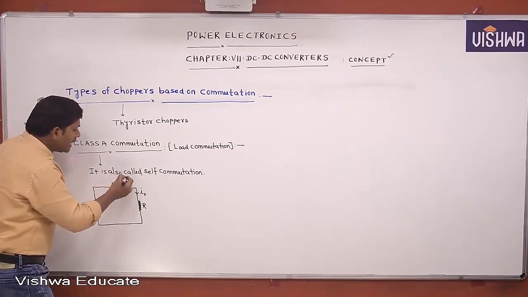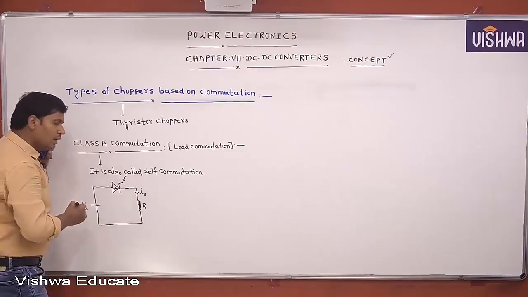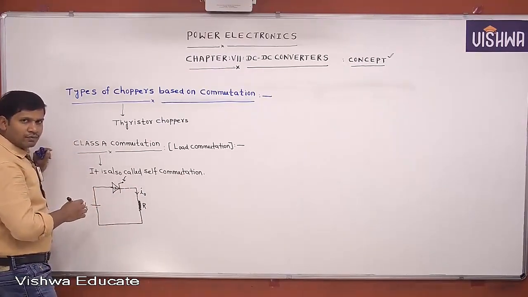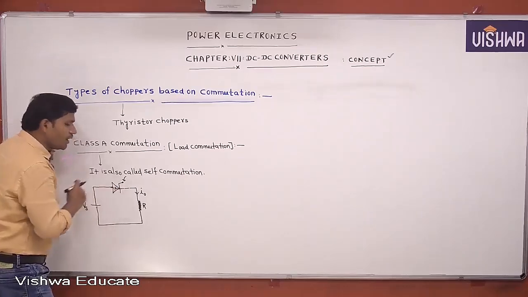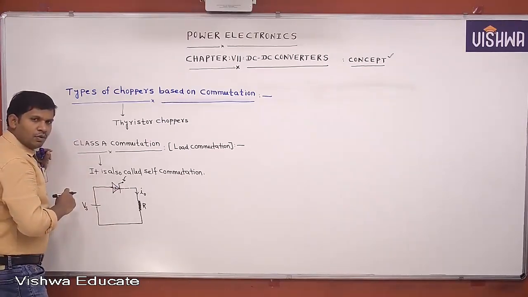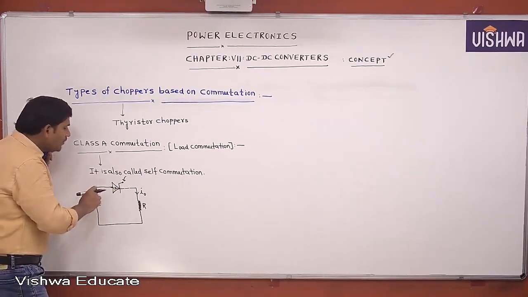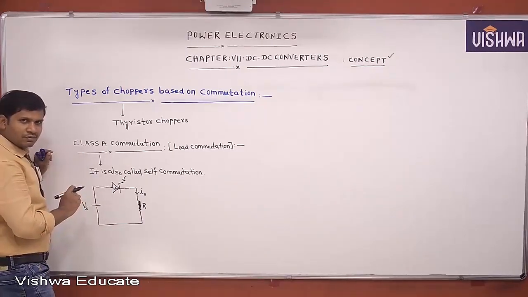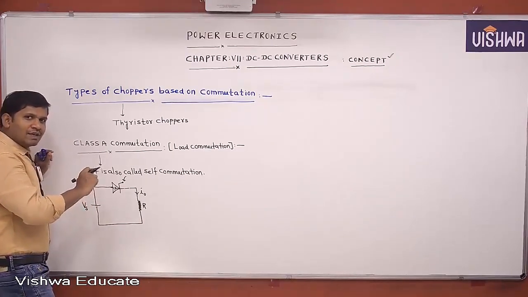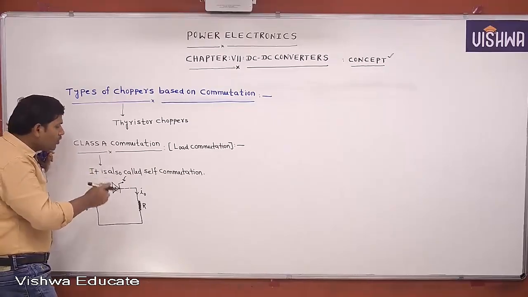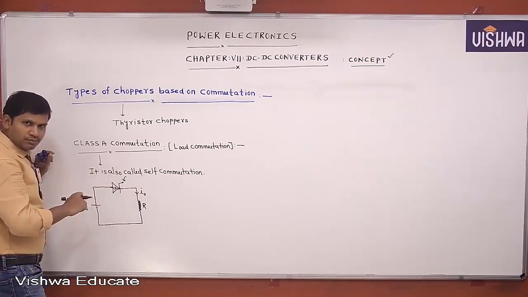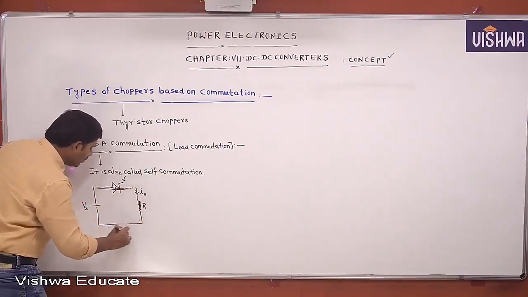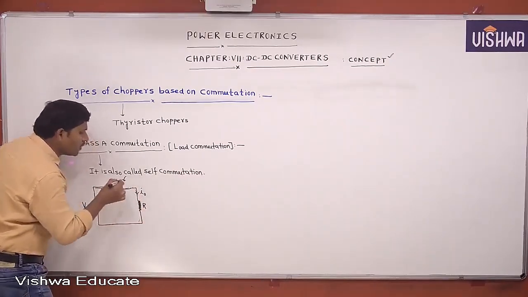First I trigger the thyristor, then it applies power to the load. Then after some time you want to turn it off. How will this thyristor be turned off? Don't think you can switch off the supply again. That is meaningless. Within milliseconds and microseconds, we want to make on and off control.